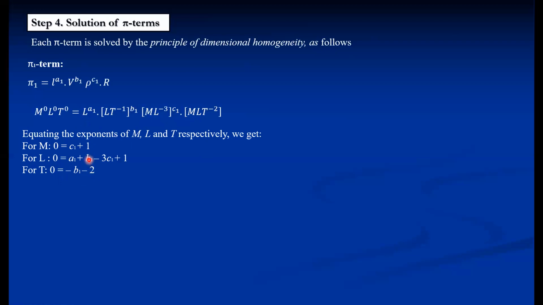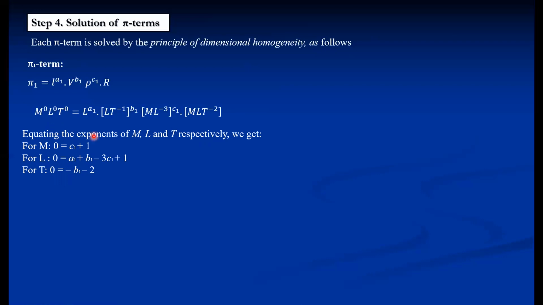So putting the value of b1, now we equate the power of L. So if you follow this sequence, you will get the answer easily, because if we equate the power of m, we get the value of C1. If we equate the power of t, we get the value of B1. Now equating the power of L, on the left-hand side it is 0 as usual.